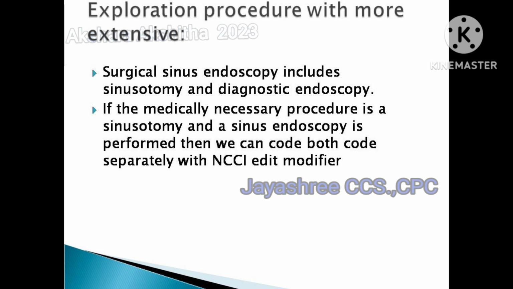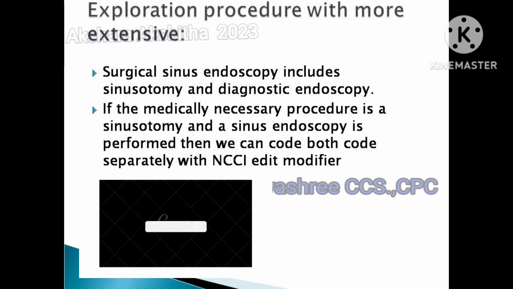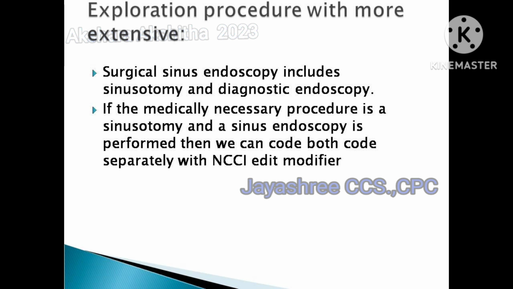As I already explained, the doctor may do this exploration and diagnostic to access the surgical site. For those reasons we cannot code either cyanotomy or diagnostic endoscopy; we cannot bill them with the more extensive procedure.